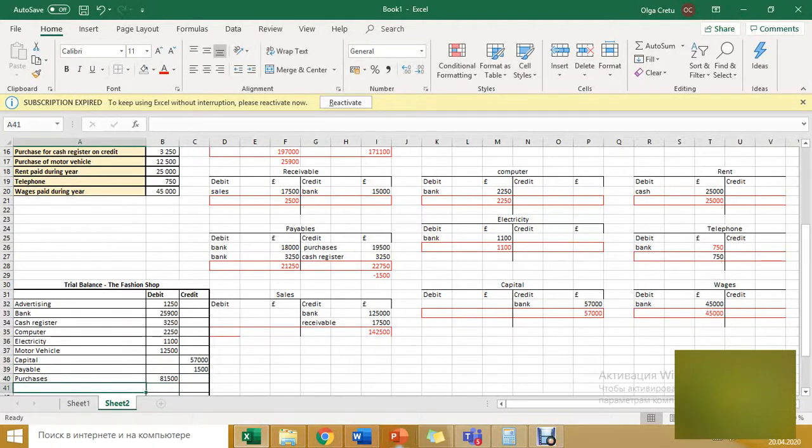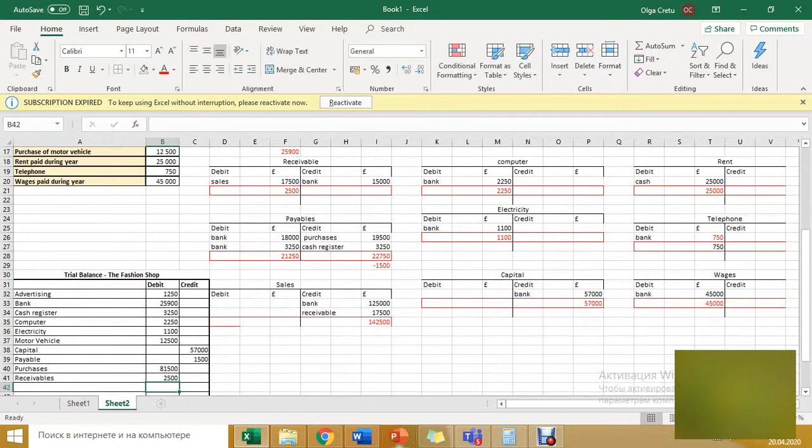And then we have receivables, 2,500, right? And then of course we have the revenue or the sales, which is going to be under credit as well with 142,500, right?